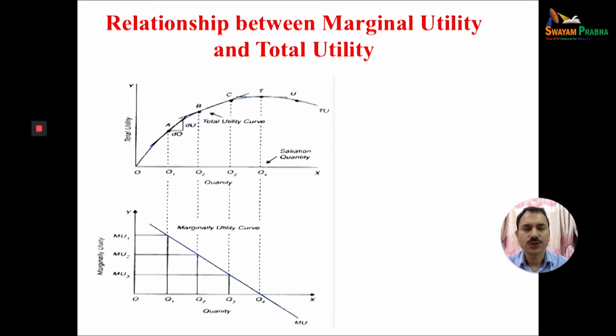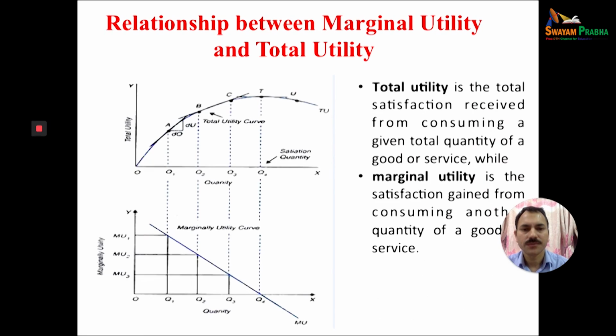Now, the relationship between total utility and marginal utility. This is the marginal utility curve and this is the total utility curve. The total utility curve will increase with the increase of quantity.